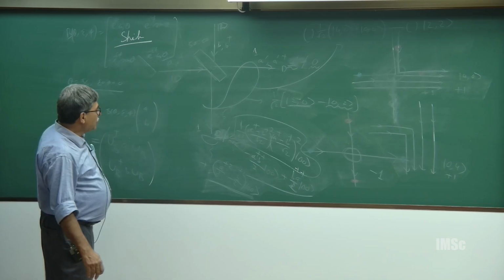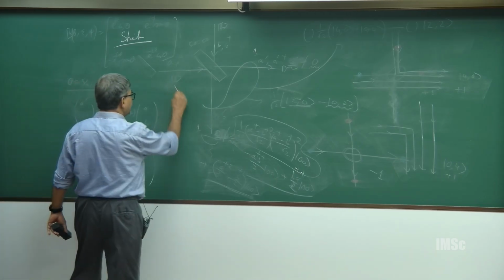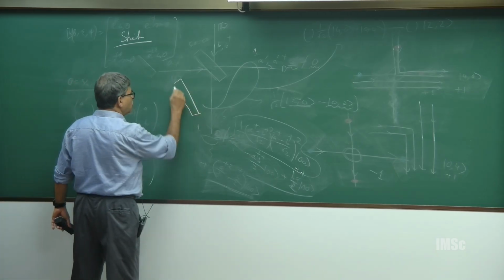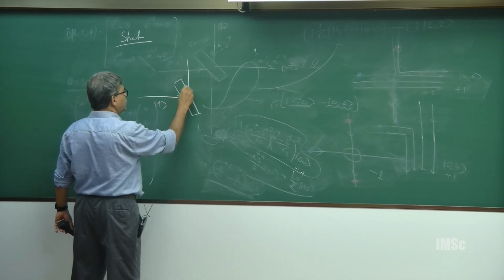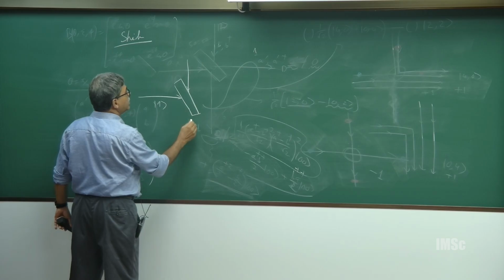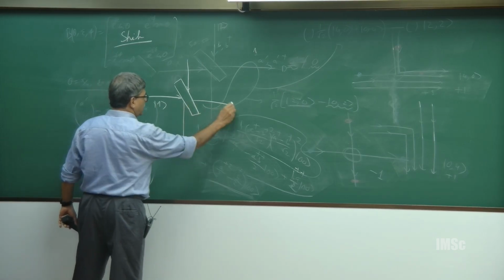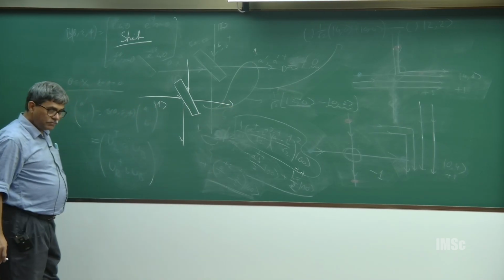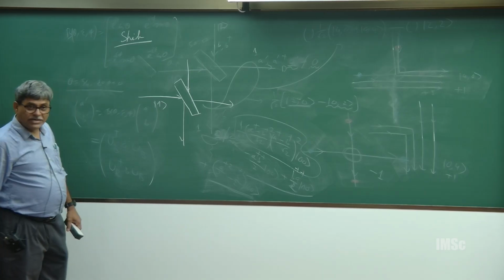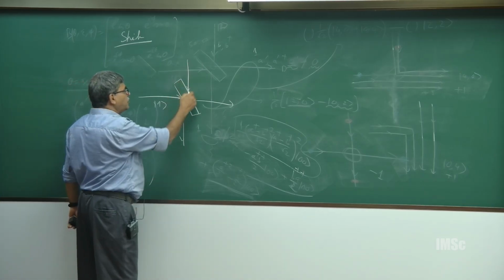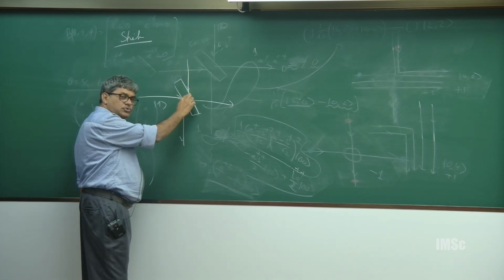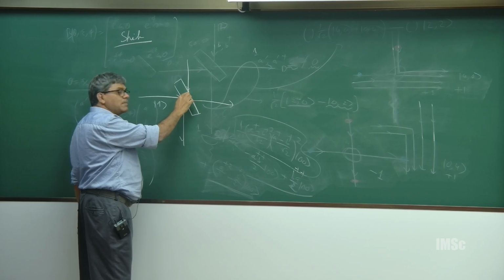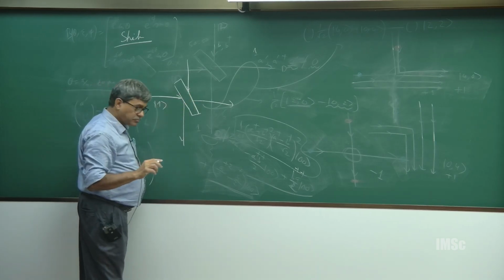If I look at this Hong-Ou-Mandel effect, this is your single photon, this is your single photon, and then you have this outcome. In order to have this effect, the two paths should come together and impinge simultaneously, otherwise you will not get it.